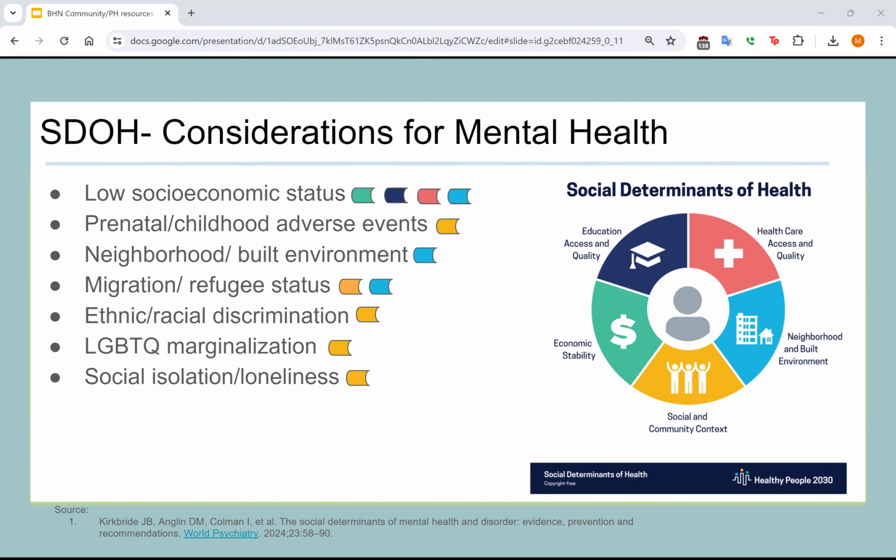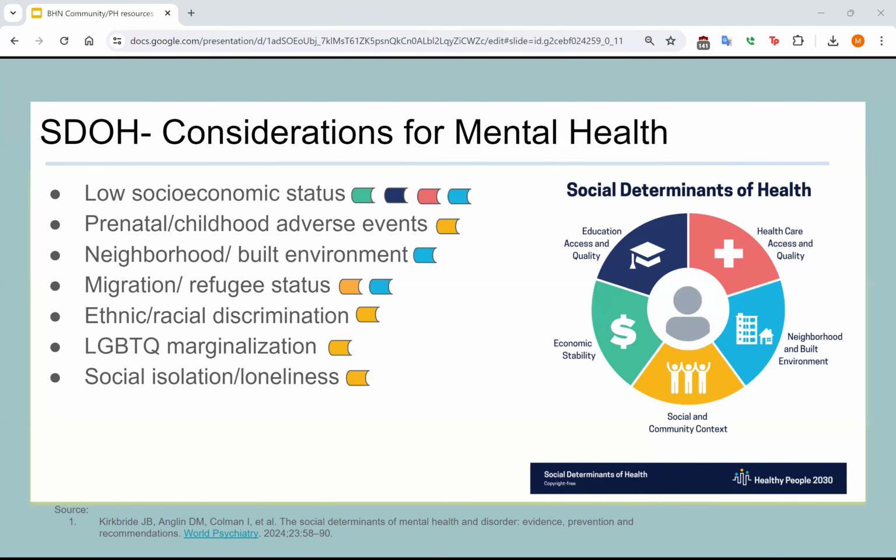This one is from this year from World Psychiatry, and they found some factors that are similar to determinants for physical health, but these are considerations for mental health. I think socioeconomic status is pretty much always going to play a role in your health, so also in mental health and your overall stress. They found that prenatal adverse events and childhood adverse events were related to mental illness and also substance use.